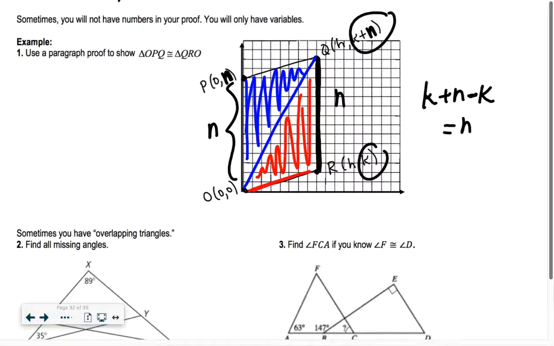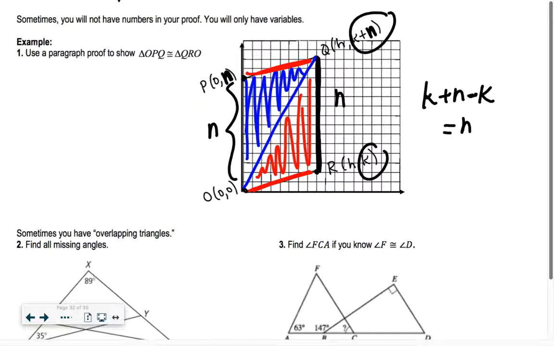But these distances are harder, like this one and this one. I don't know if I want to do the distance there. That seems a little bit tricky. But I could find it. I could do the distance. How would you do it? Use the distance formula, right?